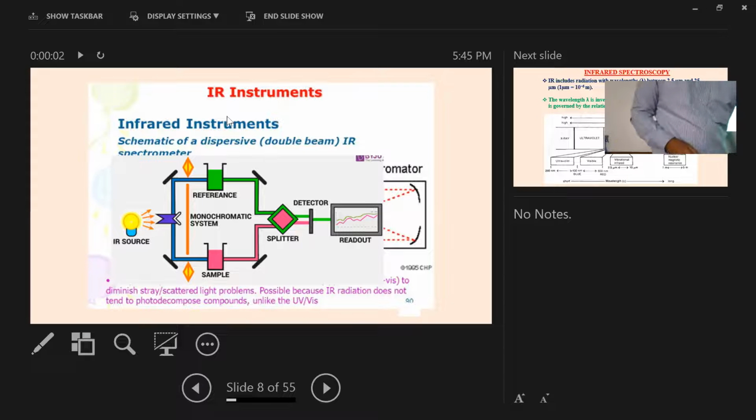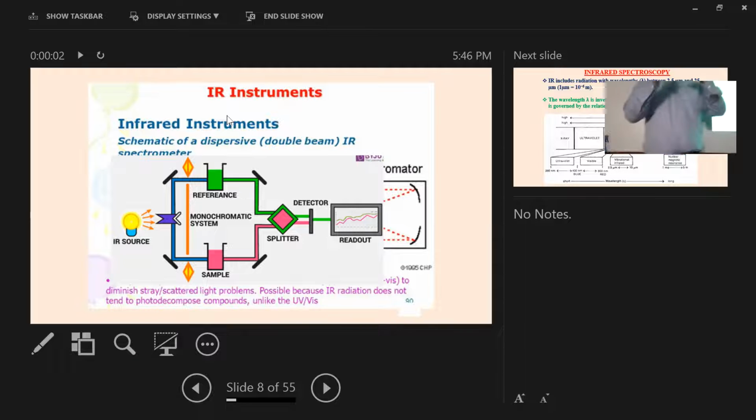So in that case, I have mentioned all the molecules are continuously vibrating. That means if the molecule continuously vibrates, we can consider some wave like this.